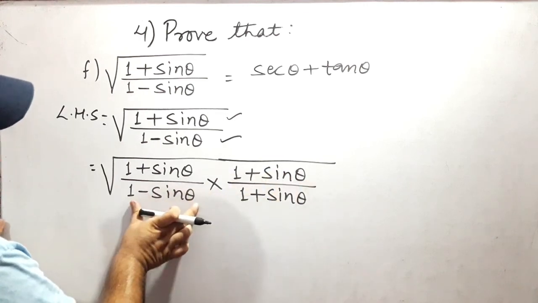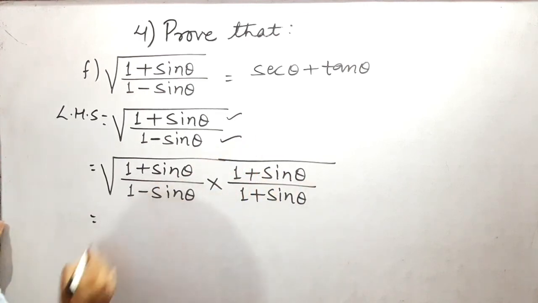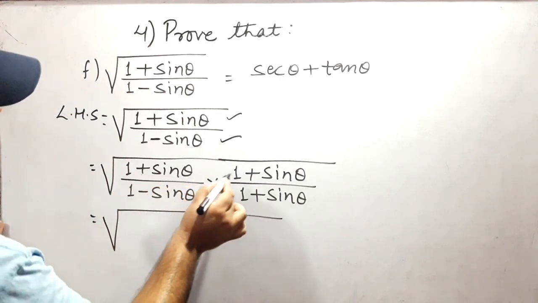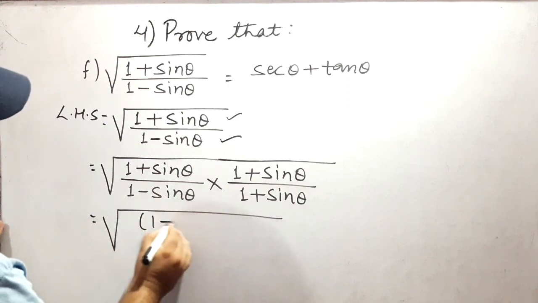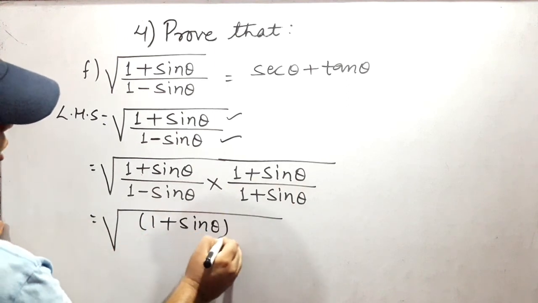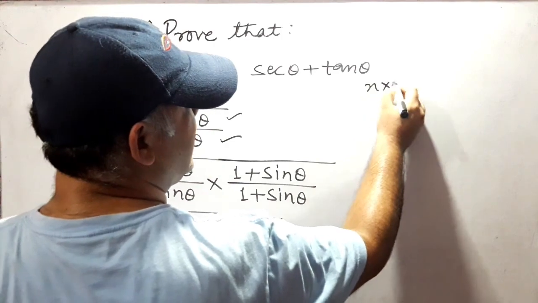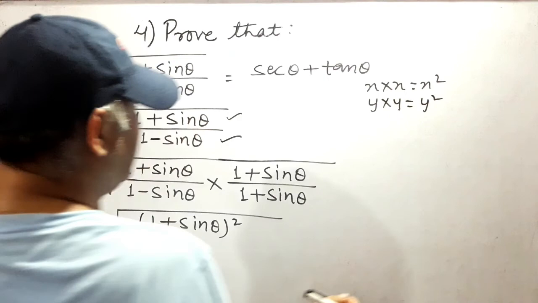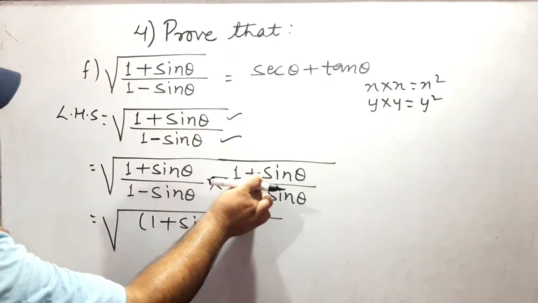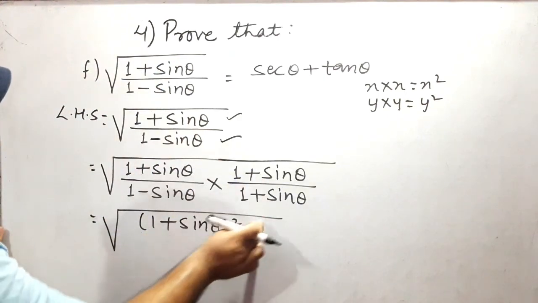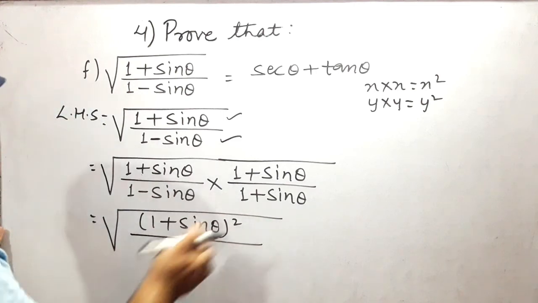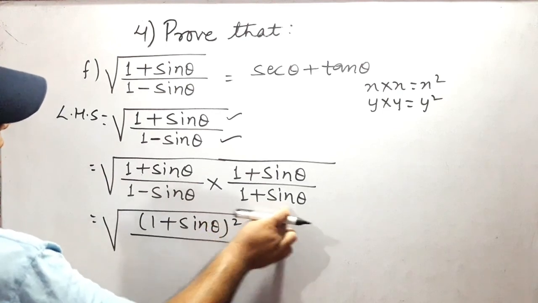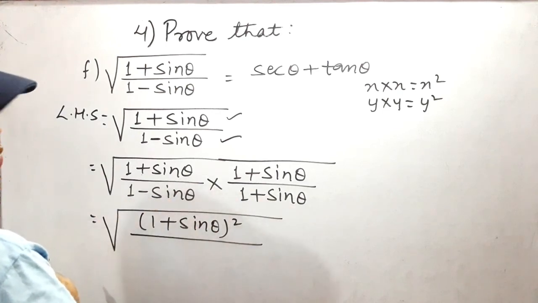Its value would be equal to 1, and 1 into this is the same. So root under (1 plus sin theta) into (1 plus sin theta) would be (1 plus sin theta) whole square, since x into x would be x square and y into y would be y square. By (1 plus sin theta) into (1 minus sin theta), that is (a plus b) into (a minus b), we have a square minus b square.